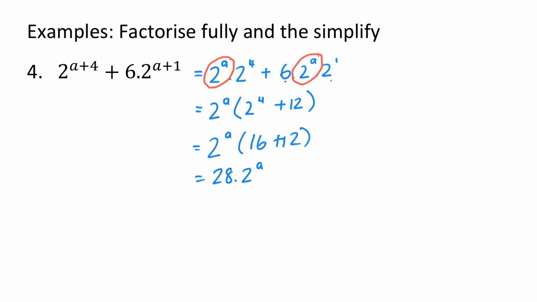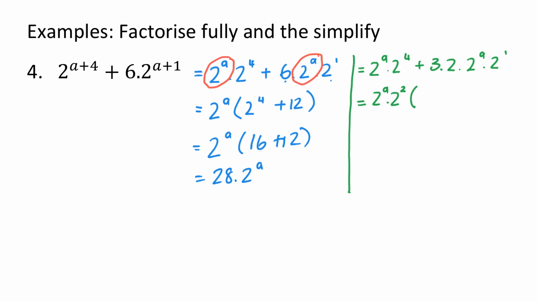Now, another way I can attempt this question is by taking out the highest common factor. So if I go from my first line, let's break everything up a little bit more. 2 to the power of 4, plus I know that 6 as primes will be 3 times 2, times 2 to the power of a times 2 to the power of 1. So at the moment, my highest common factor is going to be 2 to the power of a times 2 to the power of 2.